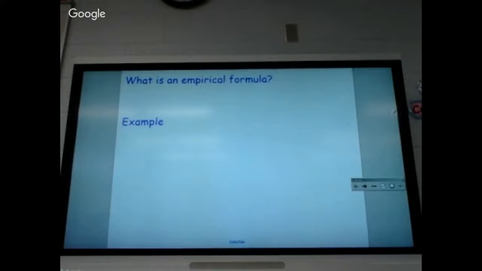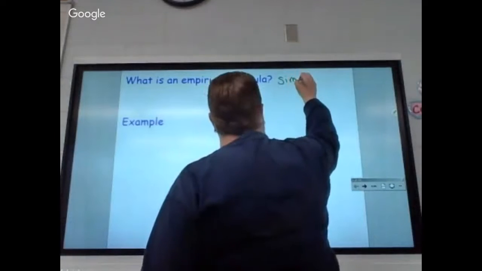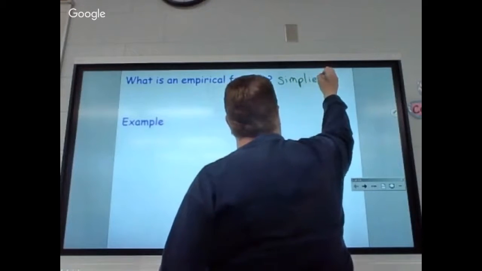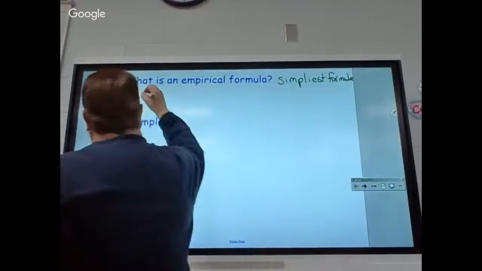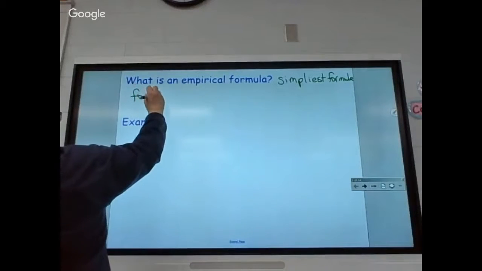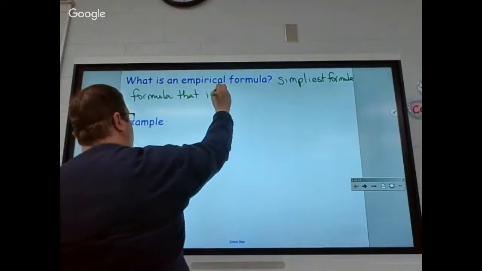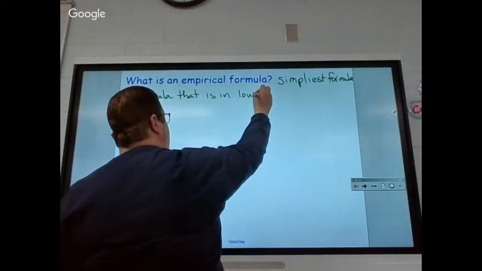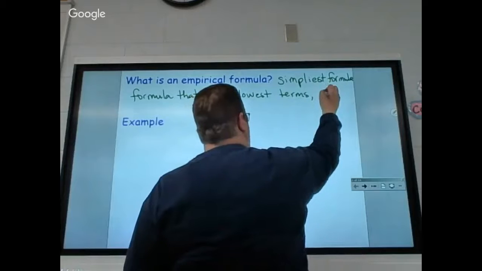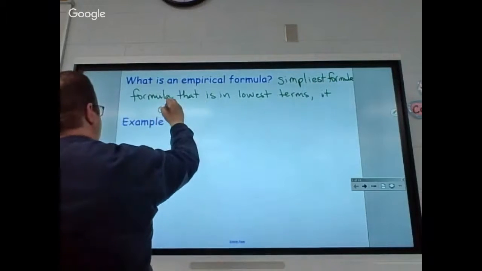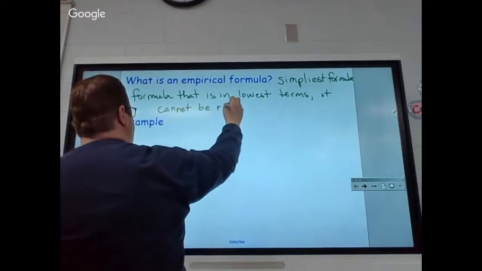Okay? Now, what is an empirical formula? First of all, it's often referred to as the simplest formula. It is a formula that is in lowest terms, meaning it cannot be reduced.